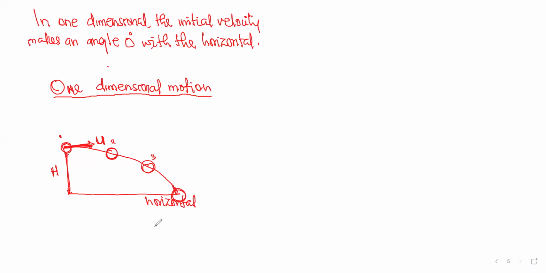Now, as I said, in projectile motion, the assumptions are: one, air resistance is ignored; two, gravity does not affect the motion of the object horizontally.